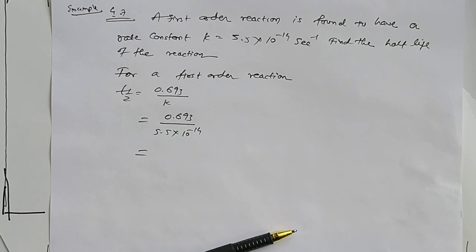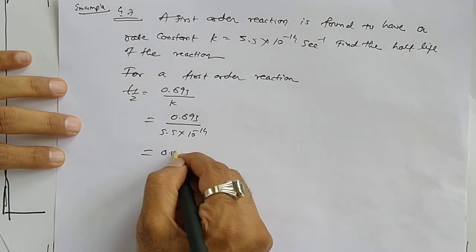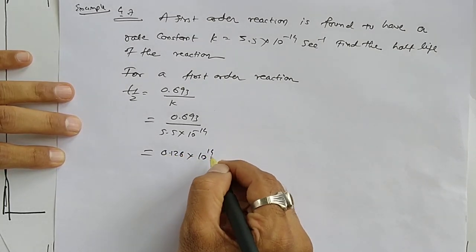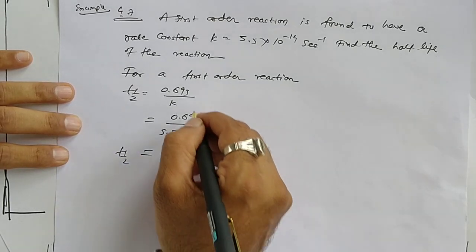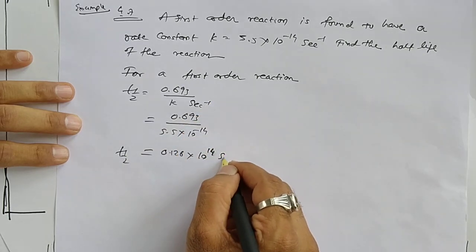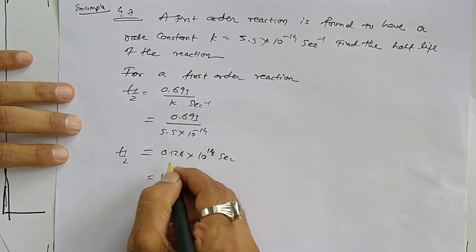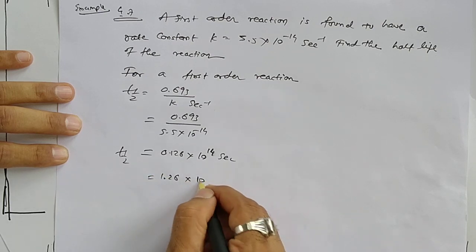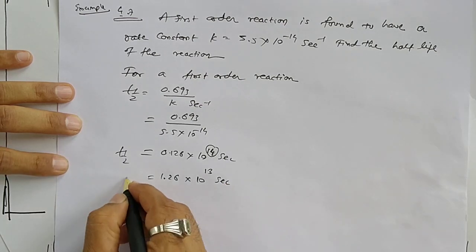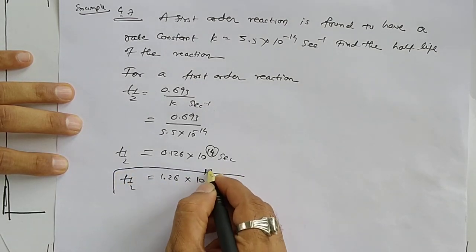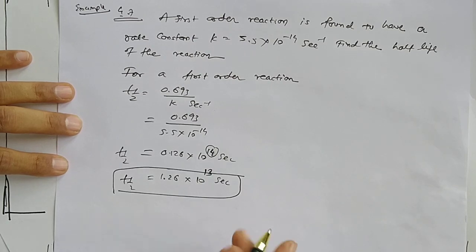So 0.693 divided by 5.5, 0.126, and minus 14 comes up, it became plus. This is in second inverse, so answer in second. The decimal moves to the right-hand side, so the power will decrease. So 1.26 × 10^13 seconds is our half-life period of the reaction.